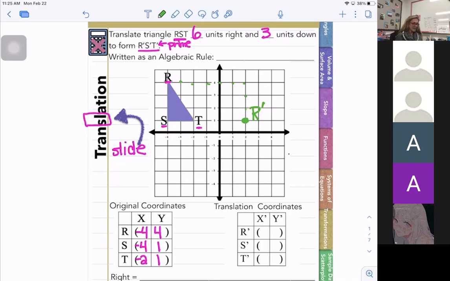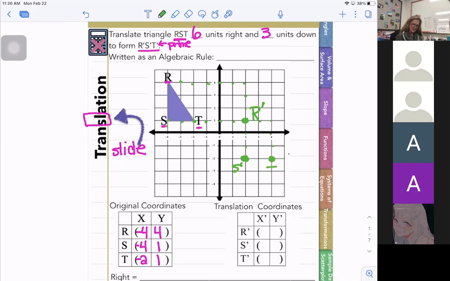Then I'm going to take my S and move it 1, 2, 3, 4, 5, 6, and then down 3. 1, 2, 3. And so my S prime ends up right there. And then I will take T. I'm also going to move it 6 to the right and down 3.